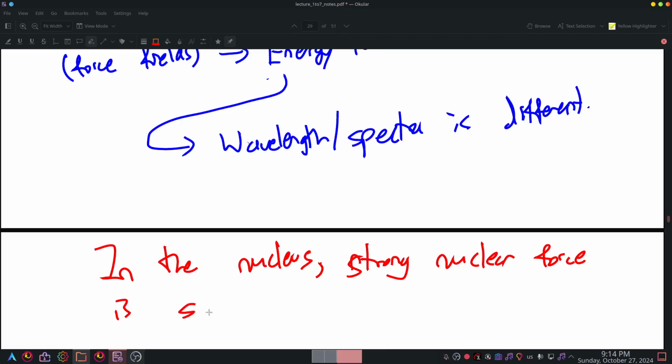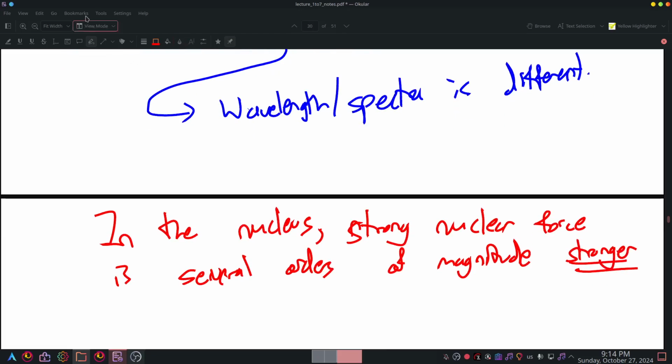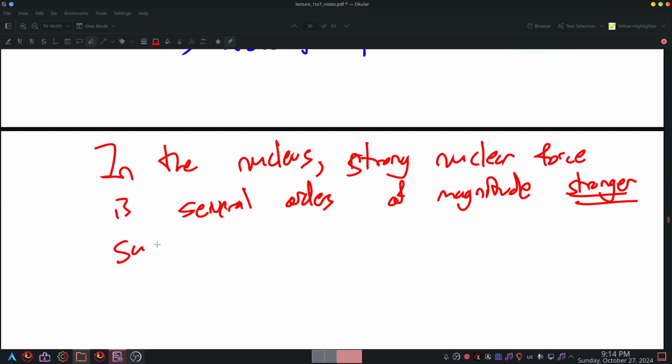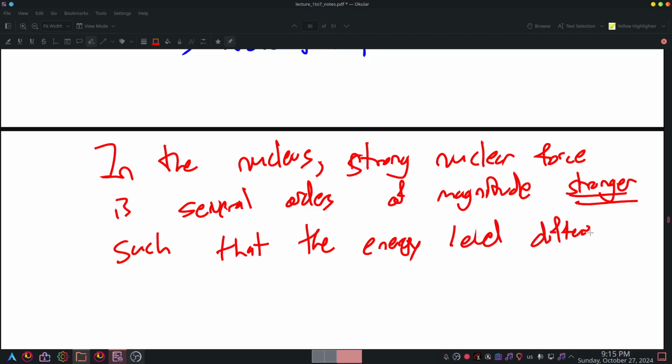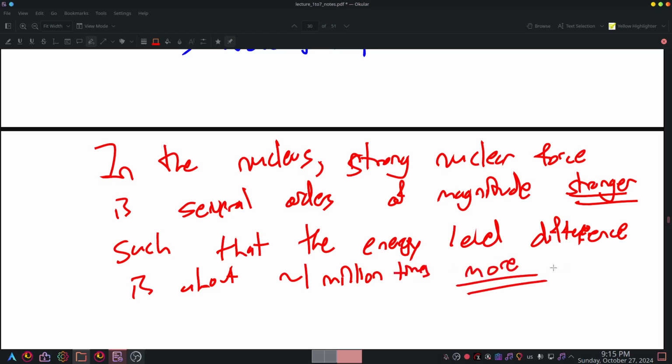Maybe I'll just say several orders of magnitude stronger, such that the energy level difference is about 1 million times more. Okay, about 100,000 to 1 million times more.